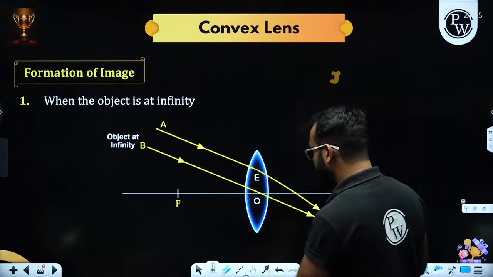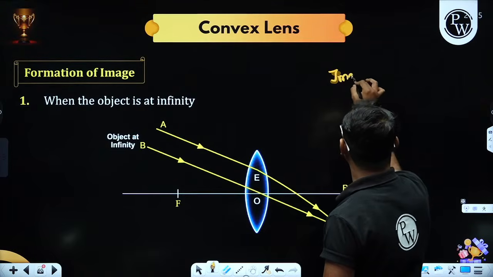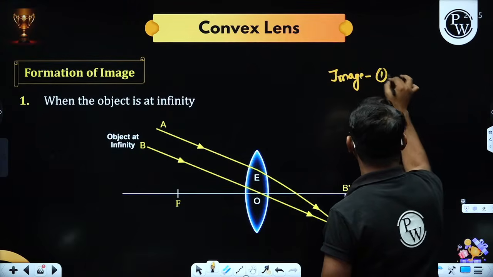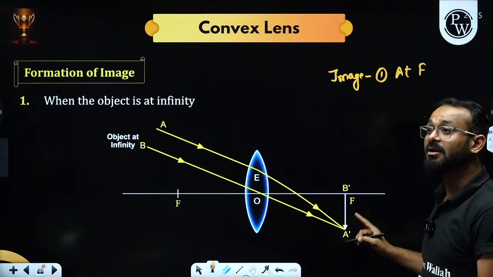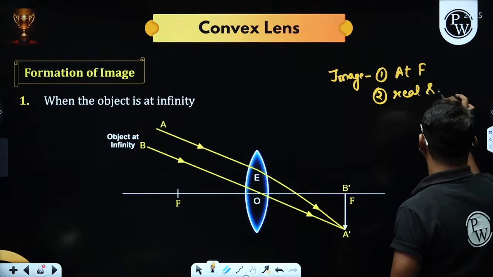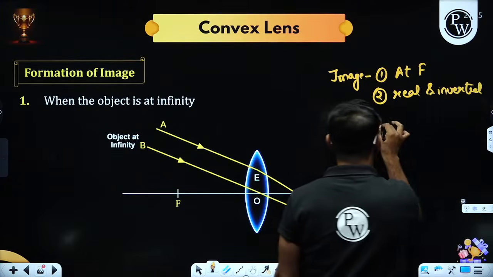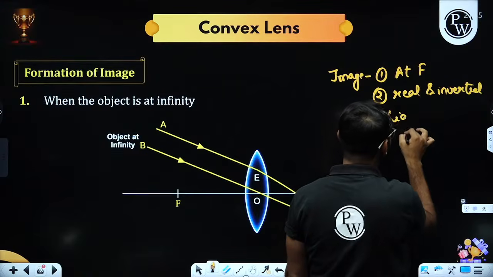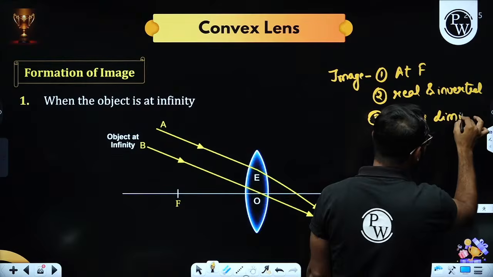So what we have observed is that the image formed meets at focus. Second, the nature will be real and inverted, and the size highly diminished, point size.